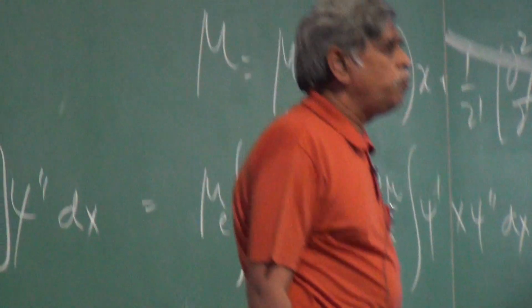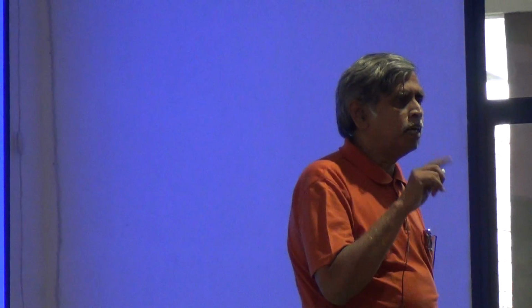What can you tell me about the wave functions for the n equals 1 level and n equals 2 level in the particle in the box? Psi for n equals 1 and psi for n equals 2 are orthogonal.